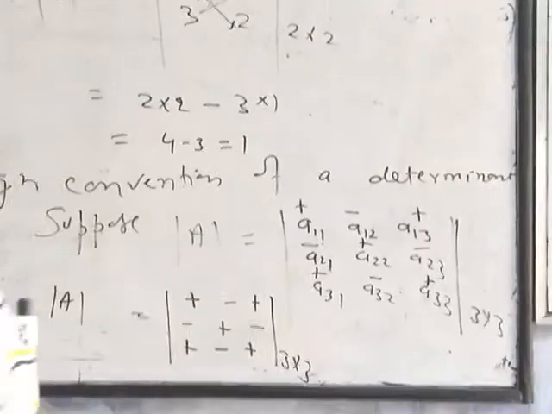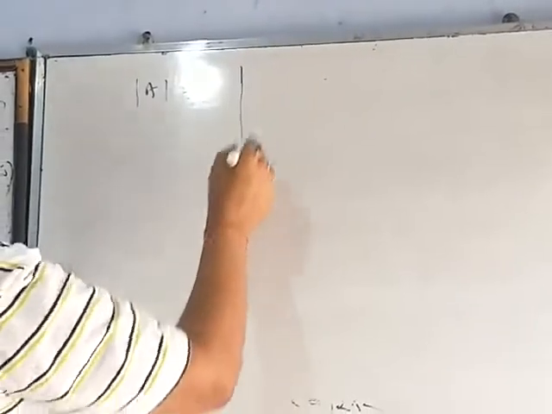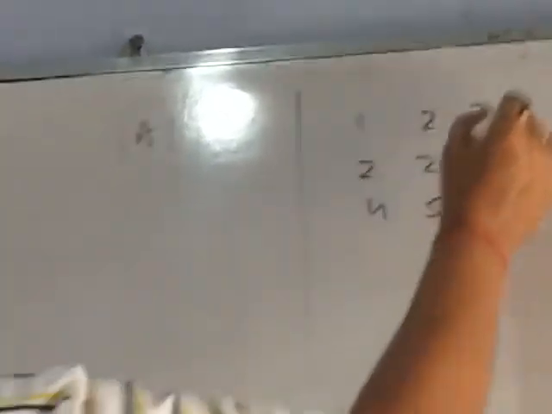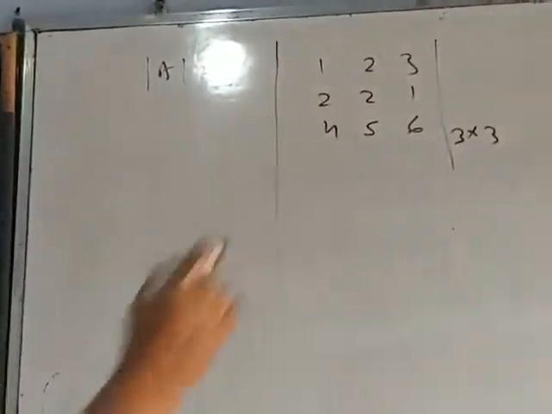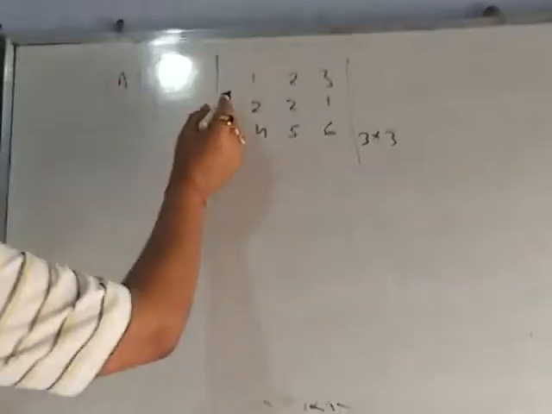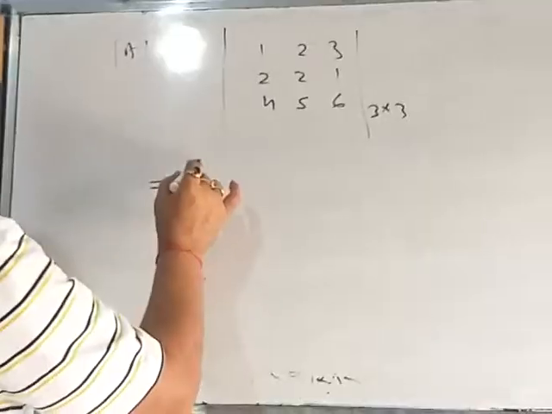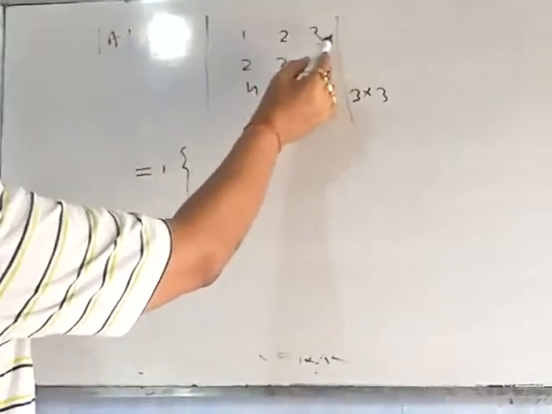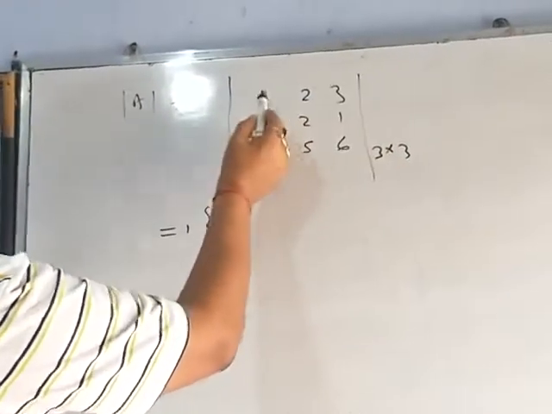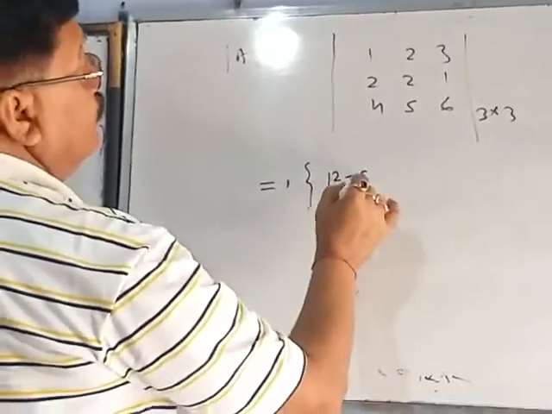So if you want to evaluate a determinant of order 3, 1, 2, 3, 2, 2, 1, 4, 5, 6, 3 by 3, you can evaluate it as follows. Here is the first row, first column element, so we take 1. Then this row and this column are cancelled. So 6 times 2 is 12, minus 5 into 1.